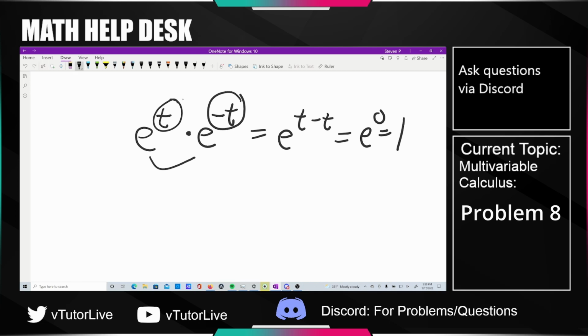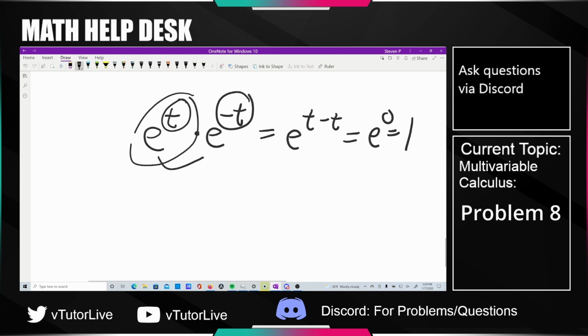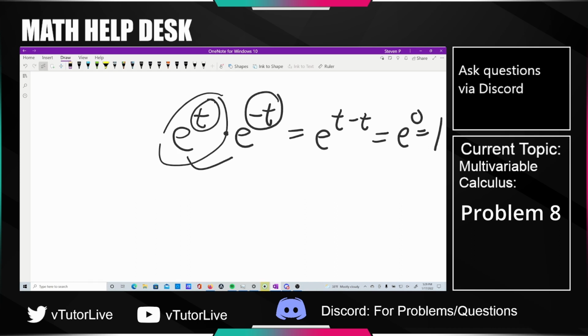Just remember that you can sometimes get a little bit of cancellation like this. I could do a relatively simple example if you'd like. How about an example like e to the t i plus 0j plus 0k. Like I said, it's going to be as simple as it gets.